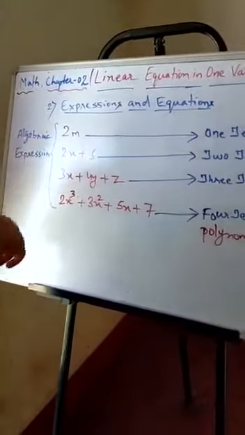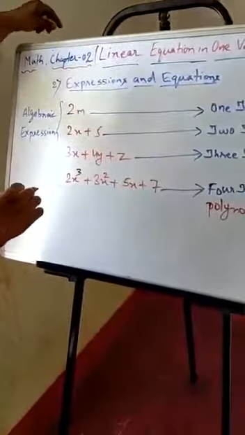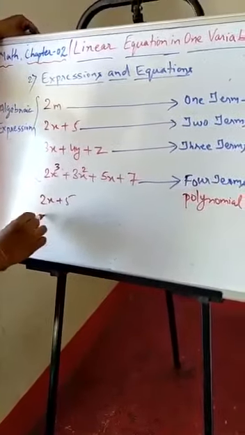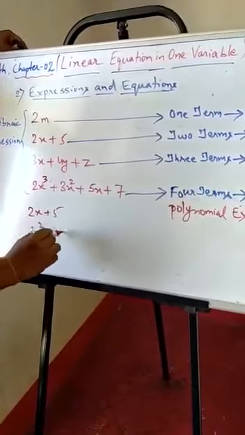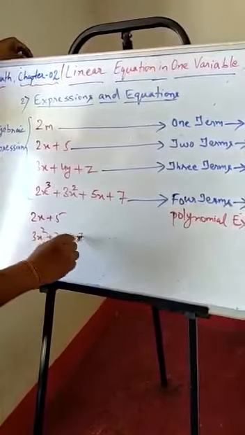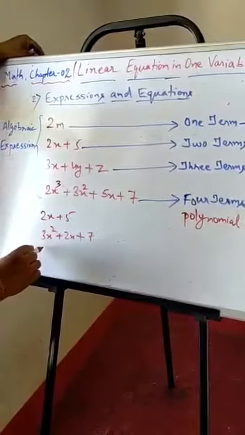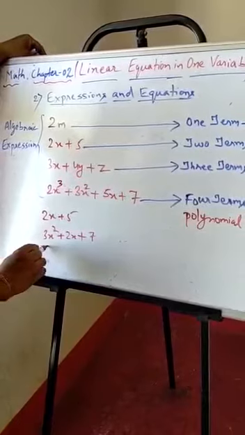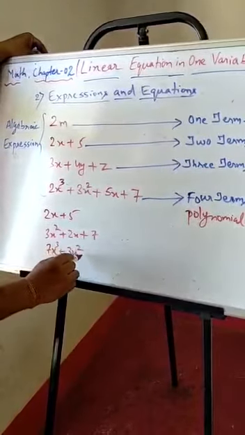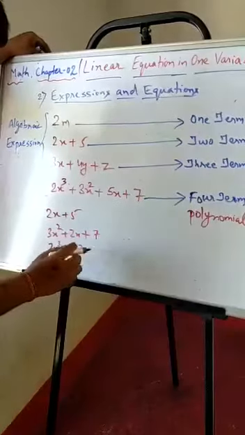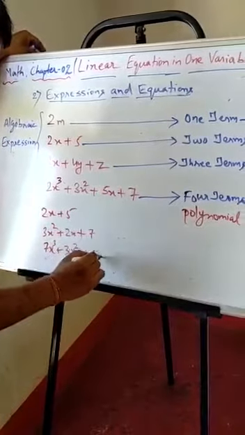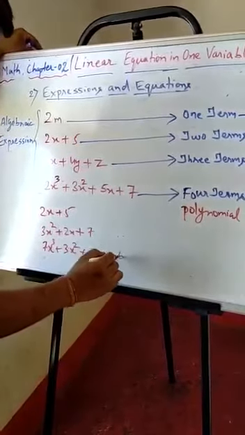Now here we can see this part. Suppose some more examples if I write here: 2x plus 5, 3x square plus 2x plus 7, and 7x cube plus 3x square plus 5x plus 6.